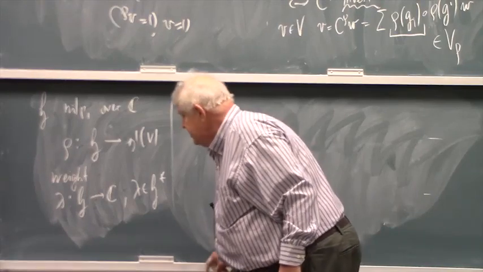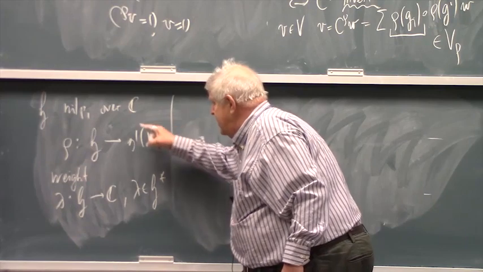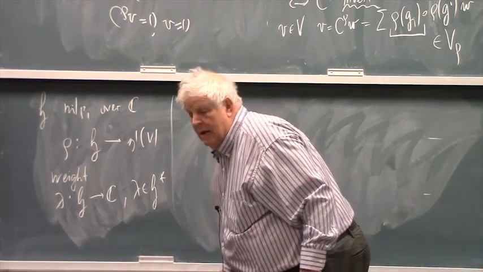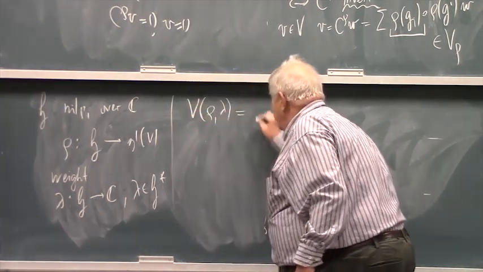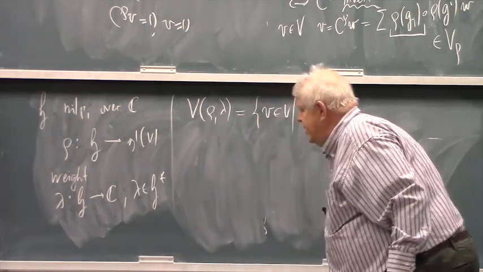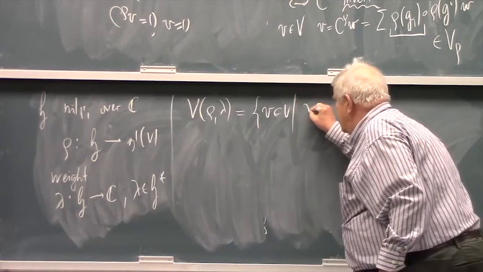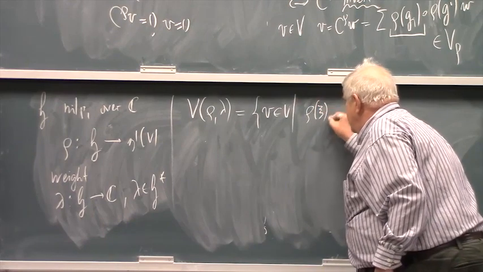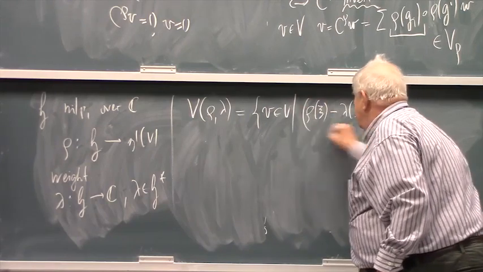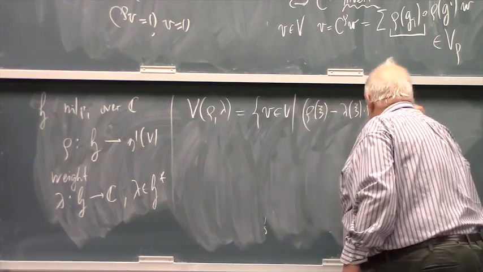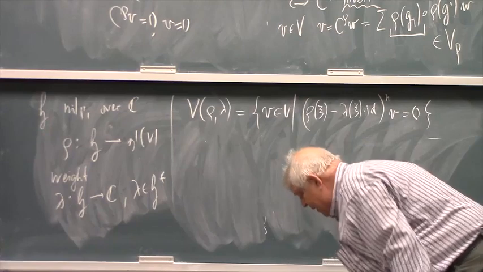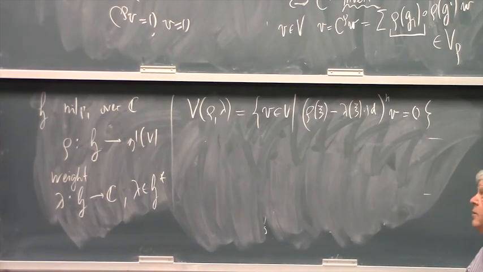Then I take in V the following thing: all elements V in V such that rho of Xi minus lambda of Xi times identity, raised to some power, applied to V is 0.